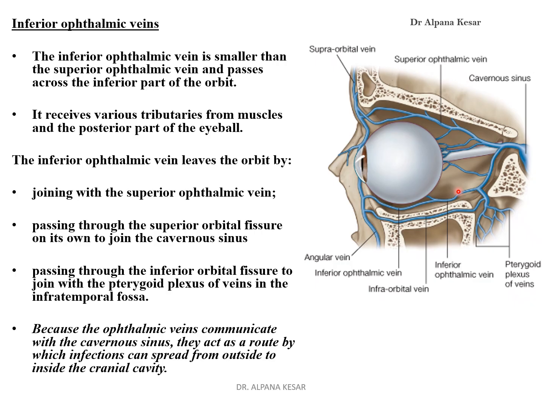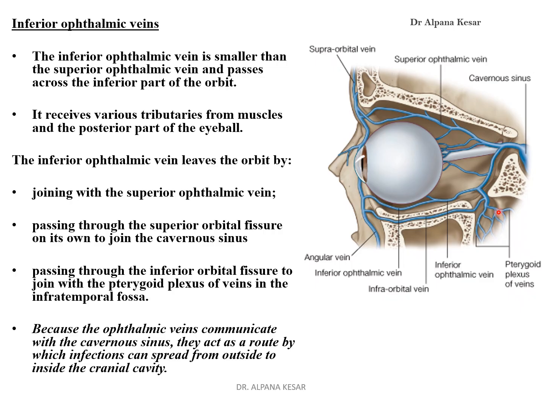Inferior ophthalmic vein, when it reaches the posterior part of the orbital cavity, may terminate in one of the following ways. Either it may join with the superior ophthalmic vein to form a common vein that drains into the cavernous sinus, or it may pass separately through the superior orbital fissure and enter the cavernous sinus separately, or it may pass through the inferior orbital fissure and join the pterygoid plexus of veins in the infratemporal fossa.